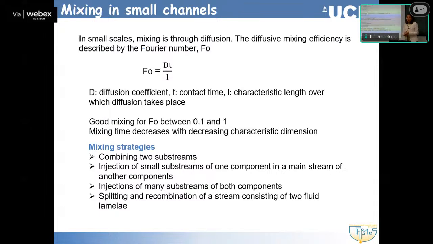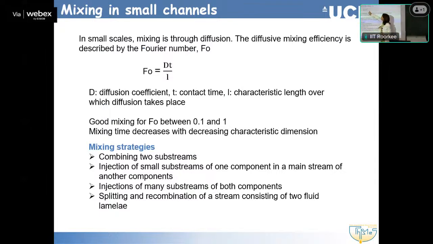One thing as well, we talked a bit about mixing, and I will mention it here. We said that mixing in small channels, because we only have laminar flows, is due to diffusion. And there is this Fourier number, if people remember from reaction engineering, that is used to describe mixing efficiency.